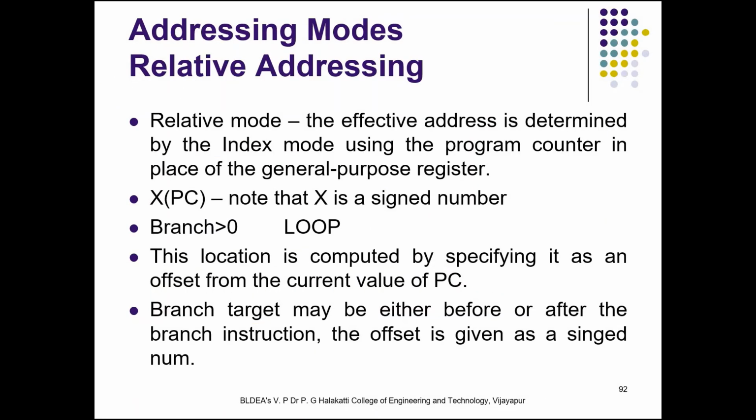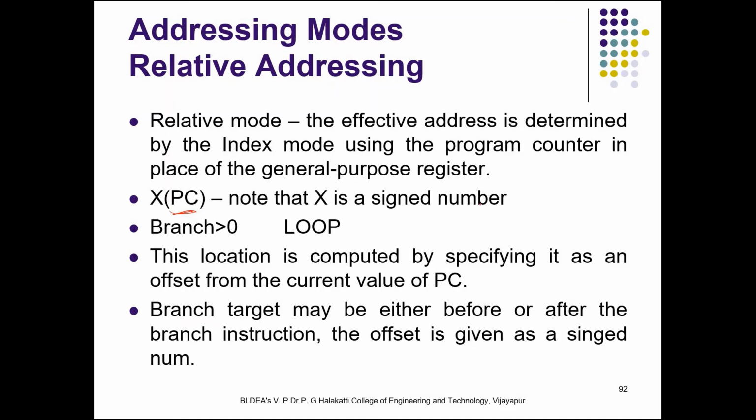Now we can see here the relative addressing mode. In relative addressing mode, the effective address is determined by the indexed mode using the program counter in place of a general purpose register. There we had used a general purpose register, but instead of that, we are going to use here the content of the program counter.